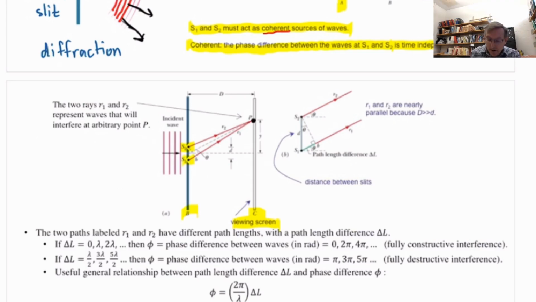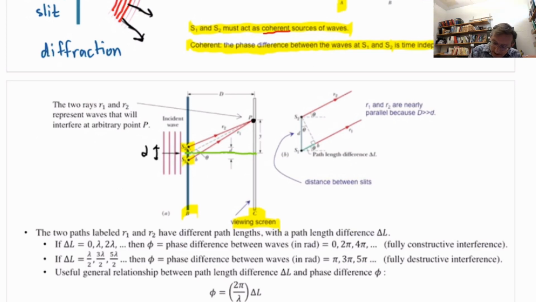We need a lot more geometry here. We will take a midpoint right between the slits S1 and S2, exactly in the middle, and we will extend that line straight across to the viewing screen, like so. Remember, the distance between the two slits themselves, I'll draw it over here, is little d.